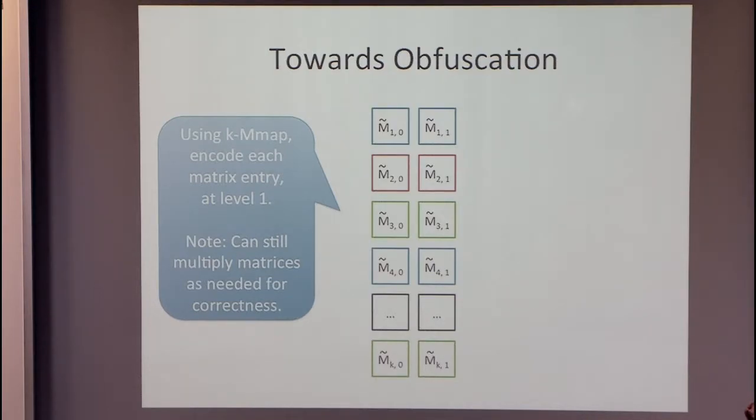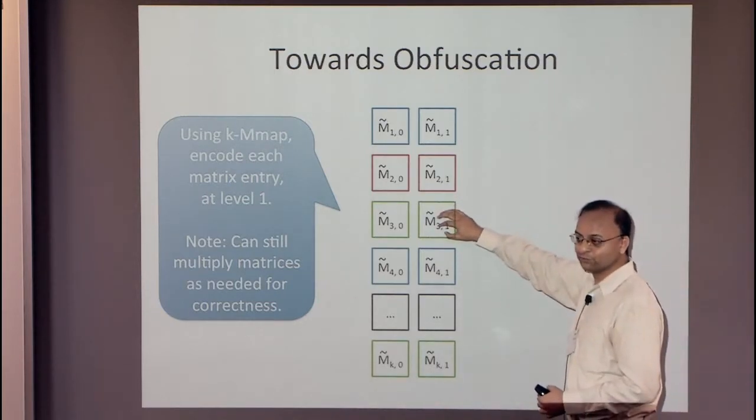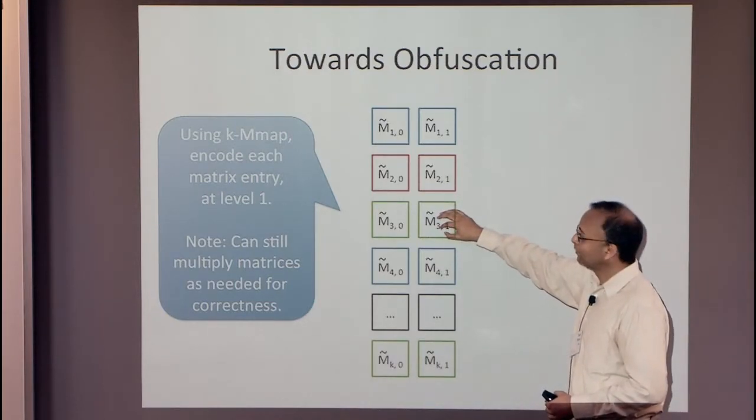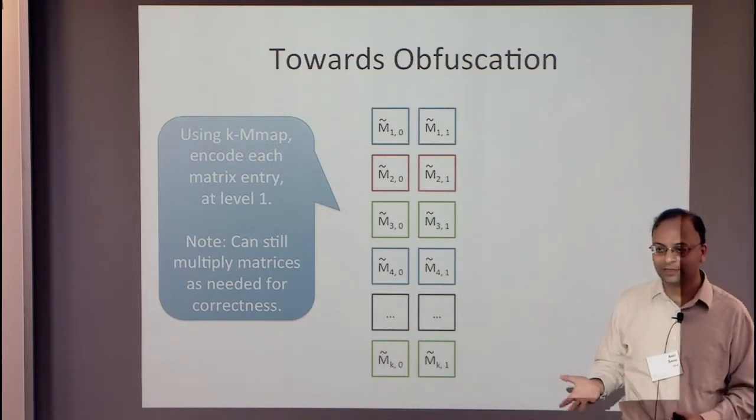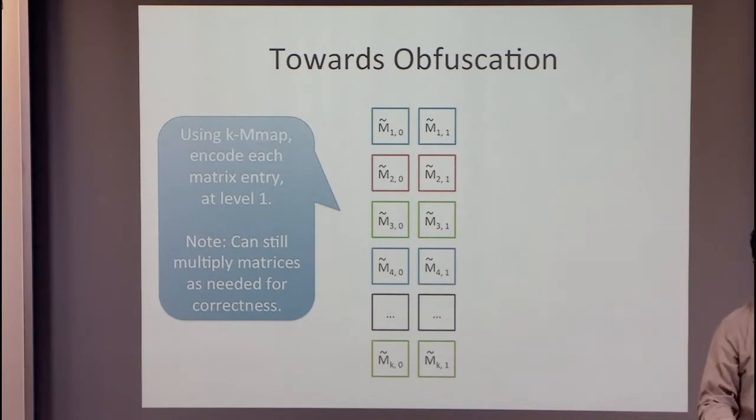Iterated matrix product is linear in each individual matrix. So if we encode every entry of each of these matrices at level 1, once we do the iterated product, we'll wind up with a product at level k, where we can then do zero testing. And it turns out that that's sufficient. These final products will always have a 0 in it that you can test for. Okay? So that's great. We're now getting very close to a plausible obfuscation scheme.